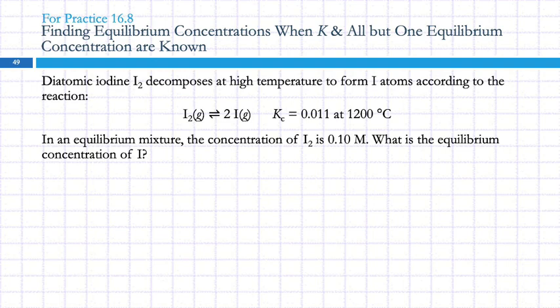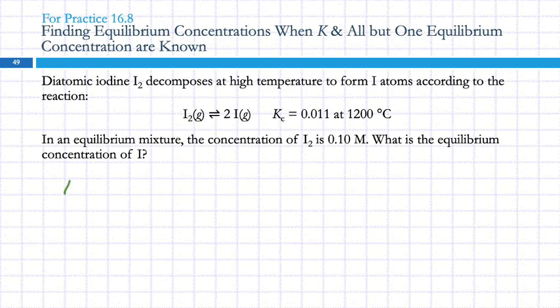So this is the first one where K and all but one equilibrium concentration are known. Diatomic iodine decomposes at high temperature to form iodine atoms according to this reaction. In an equilibrium mixture, the concentration of I2 is 0.1 molar. What's the equilibrium concentration of I?